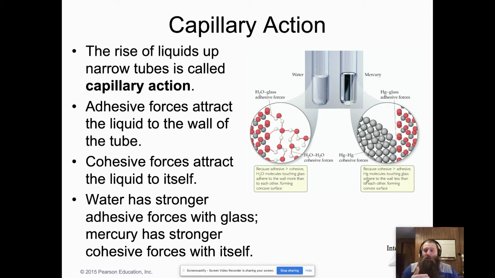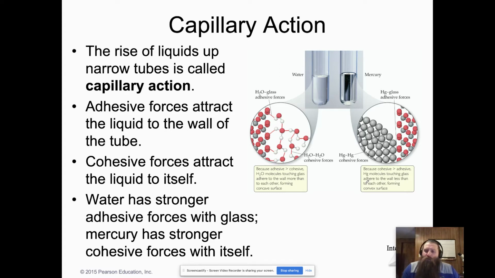Cohesive forces attract the liquid to itself. So water, all right, is a great example of a substance that demonstrates capillary action. We see it in the meniscus when we try to read a graduated cylinder, because it looks like the water is climbing the walls of the graduated cylinder. We also see it in this picture in the test tube.